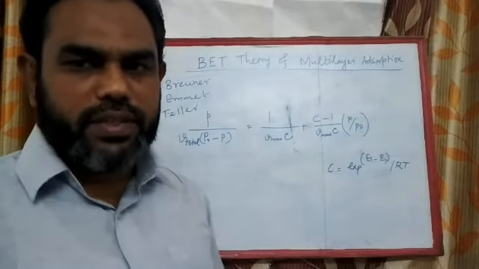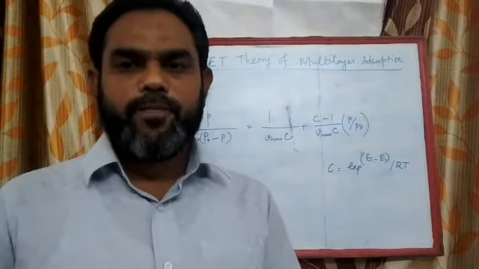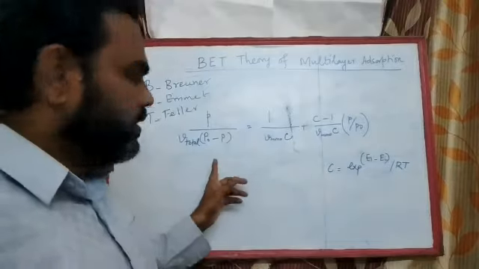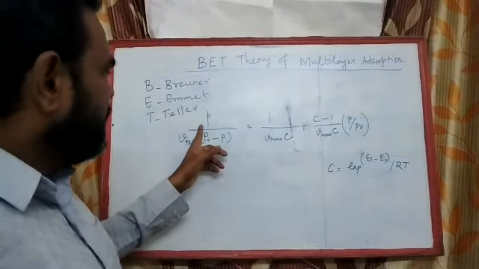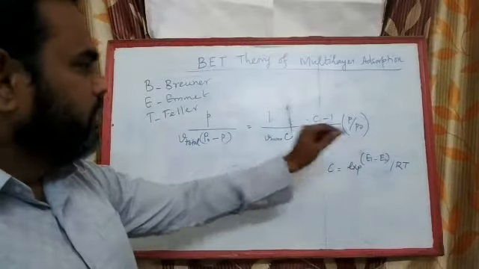Okay, so hereby we are not going for the derivation part of this BET equation. We directly take up this equation since your syllabus is devoid of this derivation. I directly take up the BET equation, where I will explain certain terms involved here.